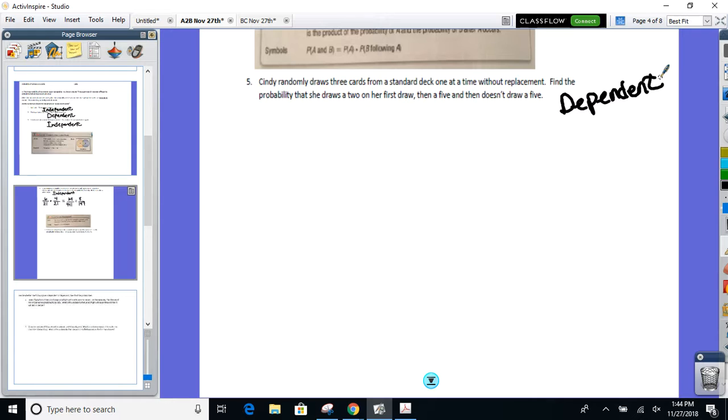Here we go. A 2 first. Review your deck. How many 2s in the deck? 4 out of 52. So 4 out of 52 for a 2. All right, let's go 5 now. How many 5s are in the deck? 4.